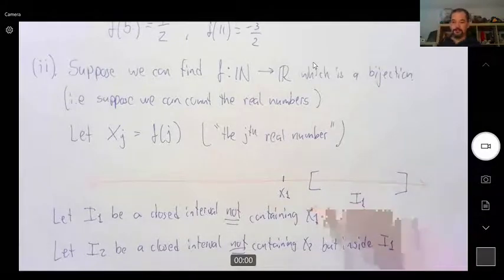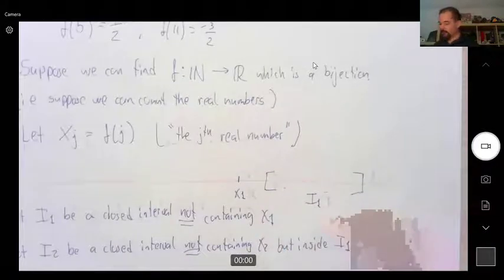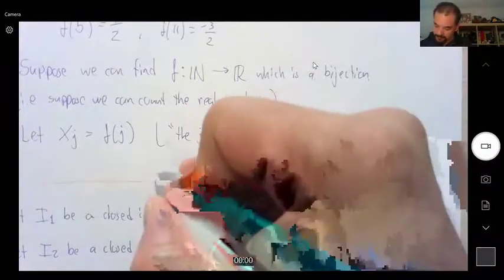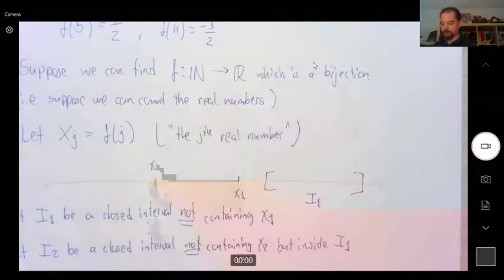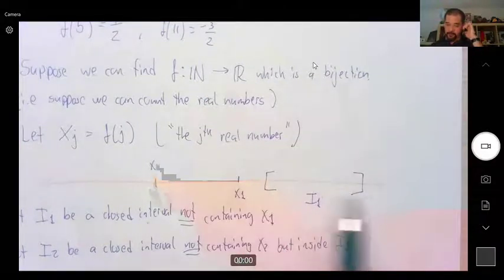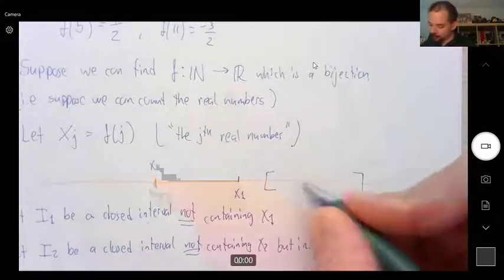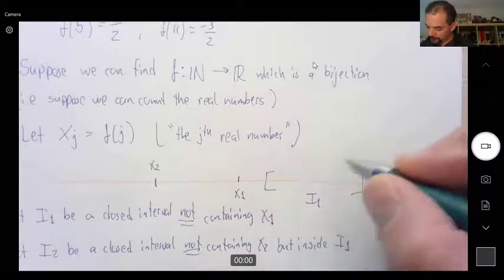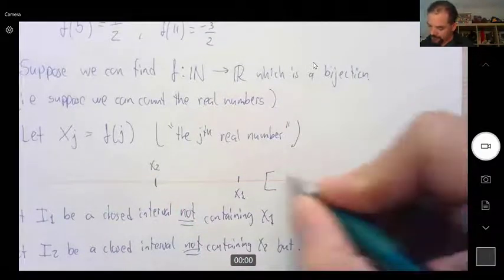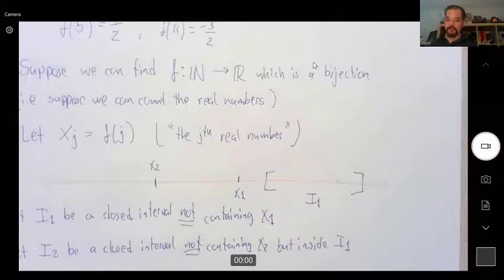And this is also easy to do, right? So here's how you can do it. There's two possibilities. One possibility is that your x2 is somewhere over here, outside of I1. And if that's the case, put I2 wherever you want. Anywhere inside I1, doesn't matter. So that's the easy case.